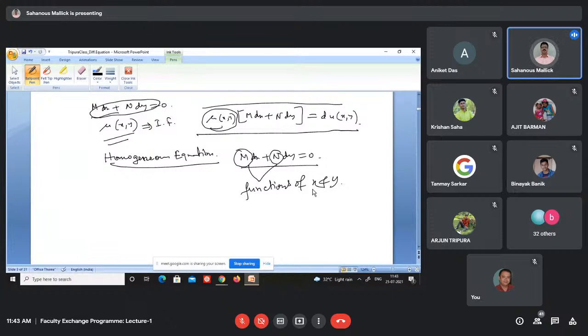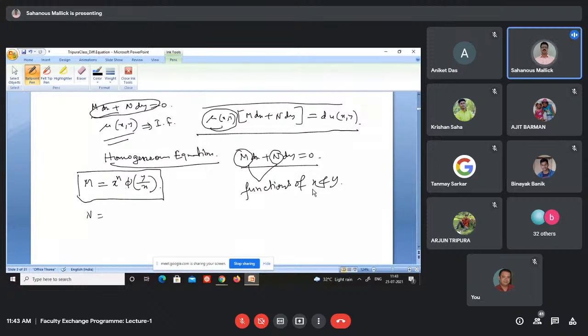Now we give the definition of a homogeneous function. Here M is said to be homogeneous if M can be expressed as M equal to x to the power n phi of y by x. If M is expressible in this form, then M is said to be a homogeneous function in x and y of degree n.